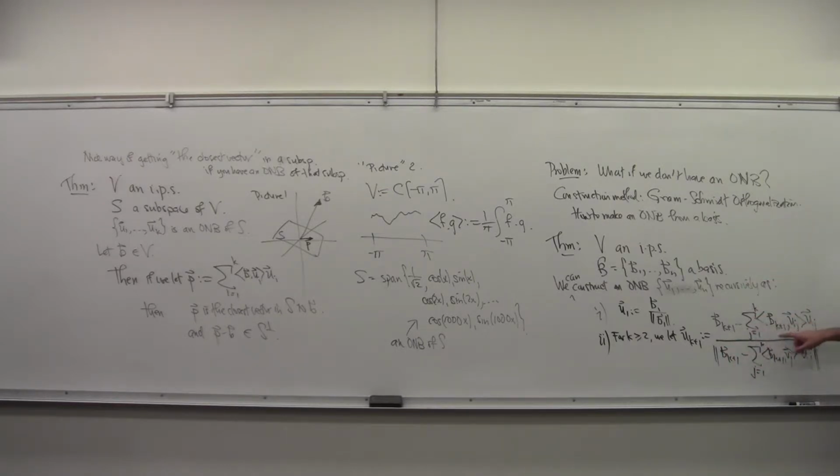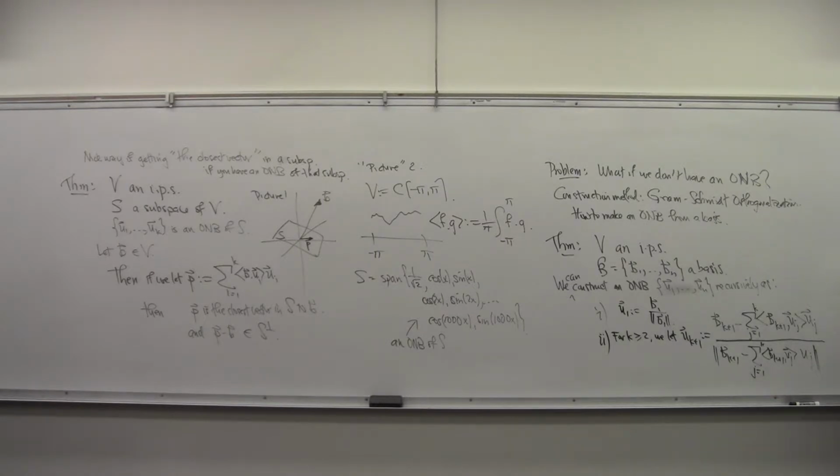Well, let's look at the top. What's the meaning of the top? b k plus 1 minus this thing here. What is this thing? Anybody recognize it? This is exactly the thing from over there.